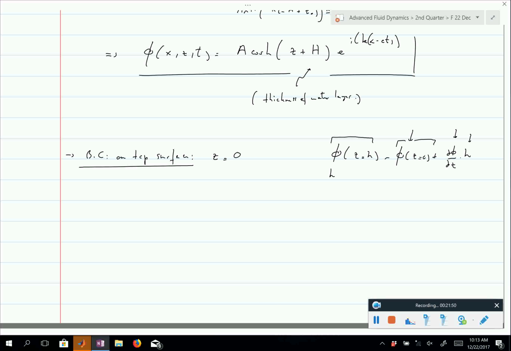So here, because we're looking just at small perturbations, we'll just sit at z equals 0, because the difference between being at z equals 0 and z equals h, because h is small, is going to be really small. Yeah? So this is justified because we're looking at a small perturbation. And you see that from Taylor expansions.